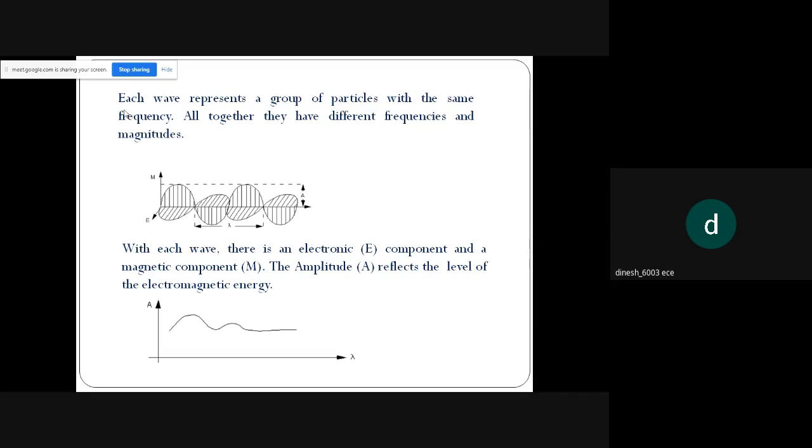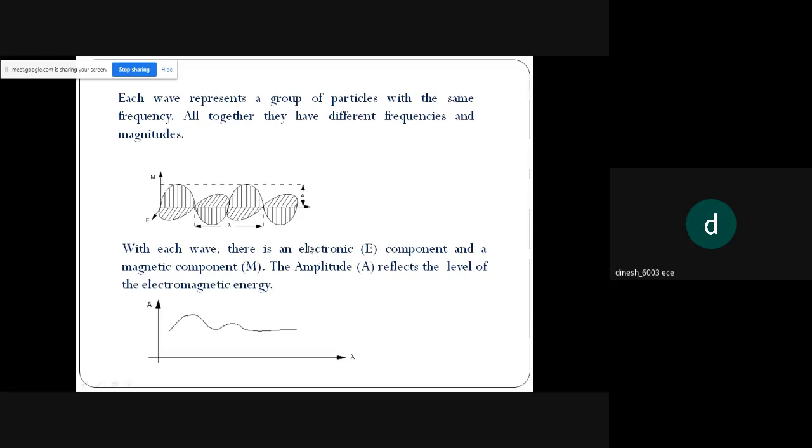You can see we have an electric field E in this direction, and magnetic field M in this direction. Perpendicular to both the electric field and the magnetic field is the direction of propagation of the electromagnetic wave. You can see that they propagate. The measurement from one crest point to another crest point is a wavelength, which is measured in lambda.